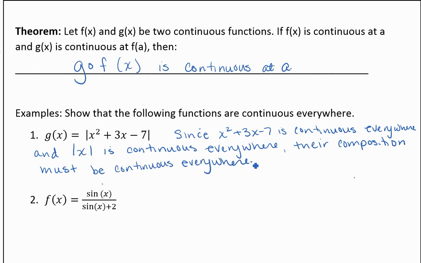Okay, so let's look at another one. It says let f of x is sine of x over sine of x plus 2. Now, we know that we can say we know sine of x is continuous everywhere.